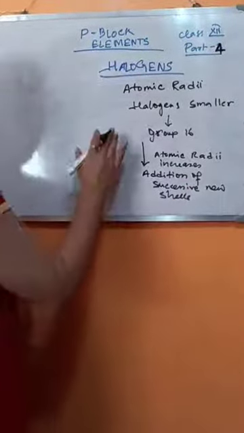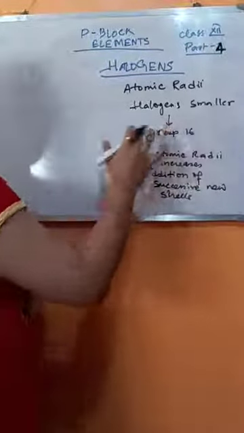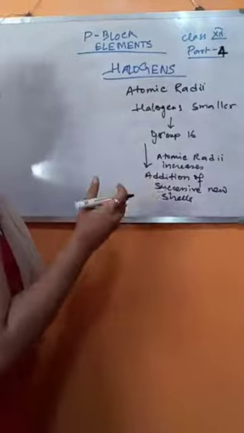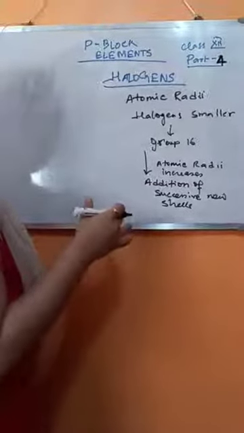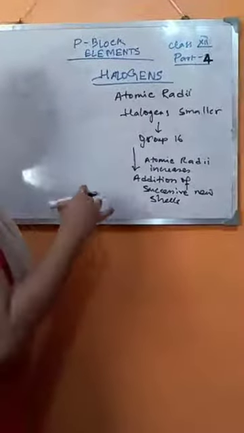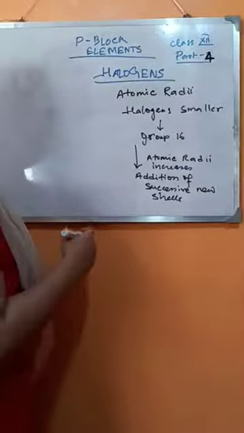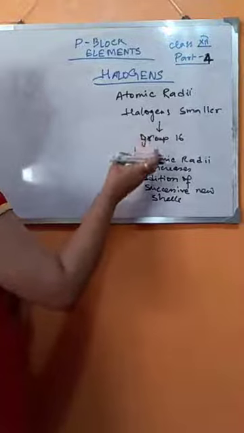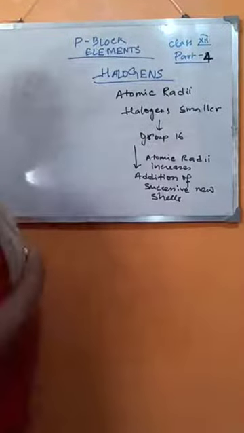And for the halogens, the nuclear charge is very high. That is why the halogens are smaller than the corresponding group 16 elements. Since for the halogens the nuclear charge is higher than that of the corresponding group 16 elements.